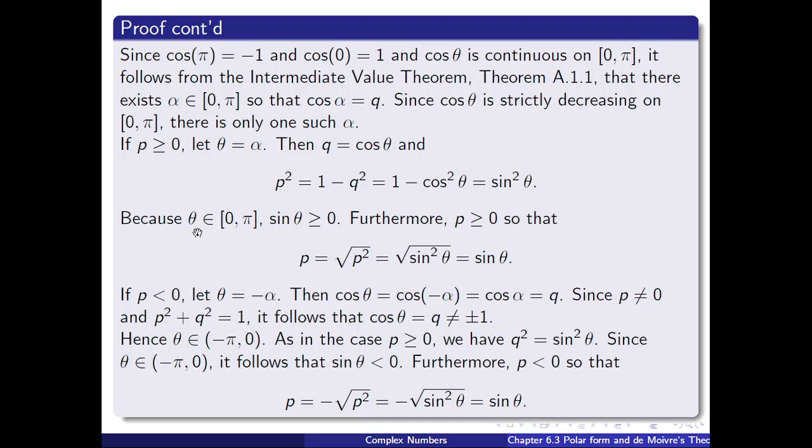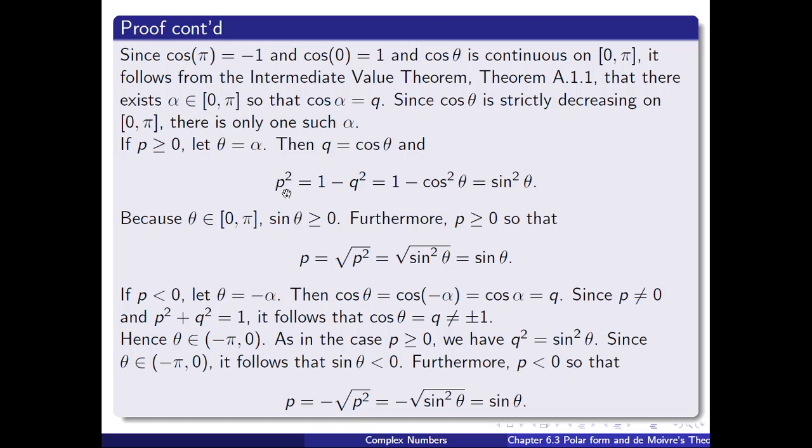Now because theta is between 0 and pi, we know that sine theta is greater than or equal to 0 if you think about the graph of sine theta. And furthermore, p is also greater than or equal to 0.